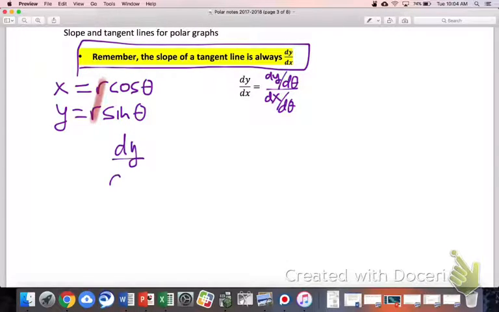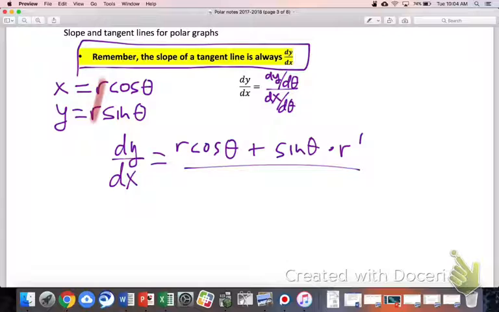So dy d theta would be 1d2 plus 2d1. So that would be r cosine of theta, so there's 1d2, plus 2d1. Again, let's keep in mind that r is just going to be some function in terms of theta. So r prime is going to be blah, blah, blah theta.